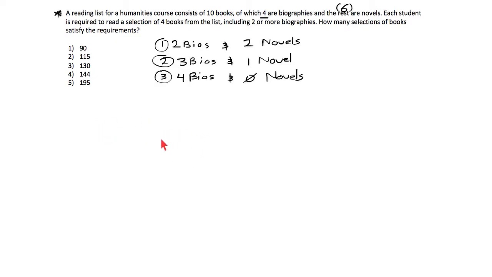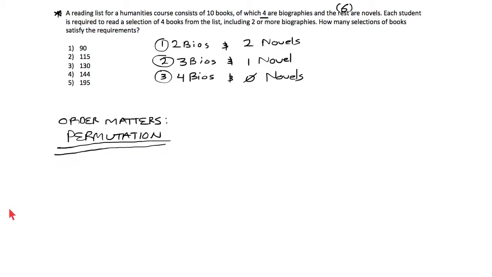So when we lay out the possibilities, we first have to ask the question: does the order of objects or entries or numbers, in this case books, matter? There's one school of thought where the order matters, and when the order matters, the problem is called a permutation problem. A good example is a combination lock, so only one sequence of numbers will open the lock.